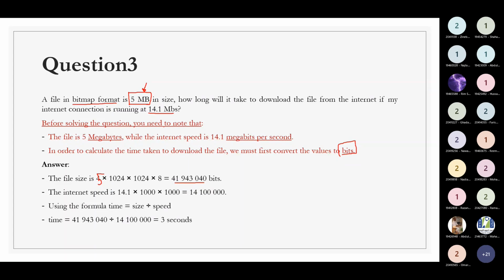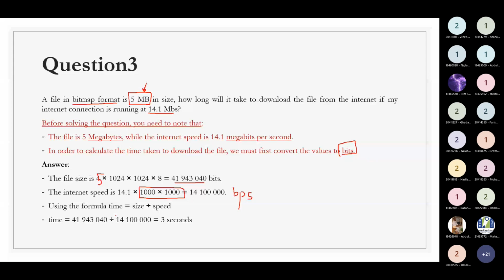So this mega, we can write as 10 power 6. So this is the internet speed in bits per second.